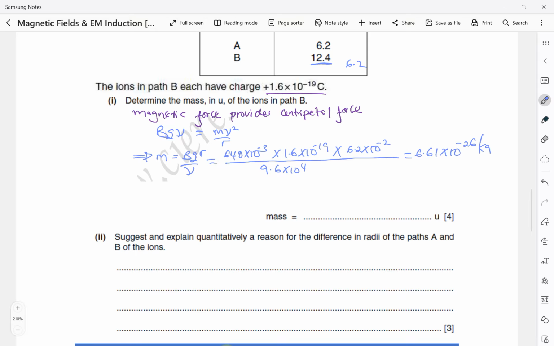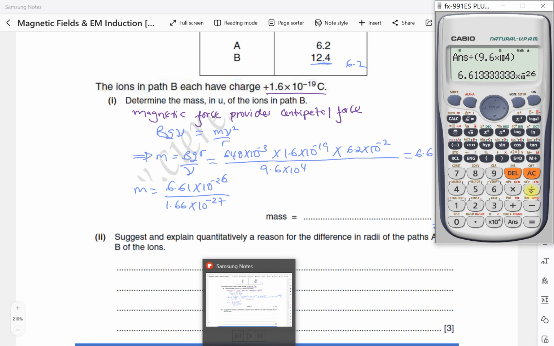But this is in kilograms. We want the answer in unified atomic mass units. So the mass is 6.61 times 10 to the power of minus 26. Divide this by 1.66 times 10 to the power of minus 27.